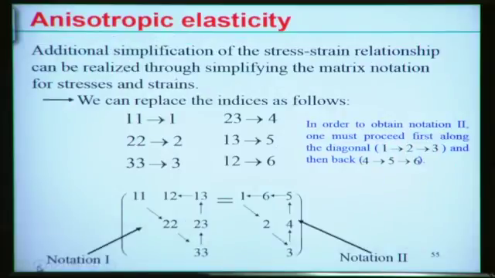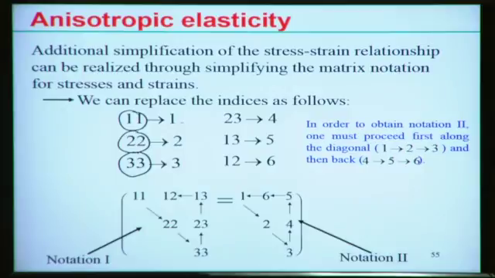Now instead of writing the stress tensor in terms of 11, 12, 22, 23 like that, we can follow a certain notation and simplify the equation in such a way that the 11 term can be represented as 1, the 22 term as 2, and the 33 term as 3.